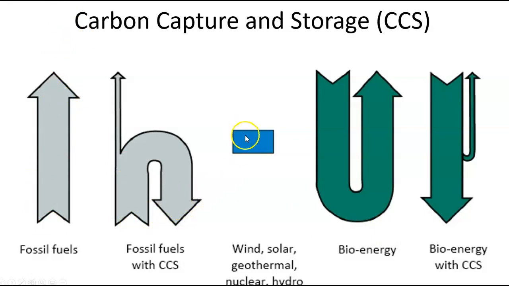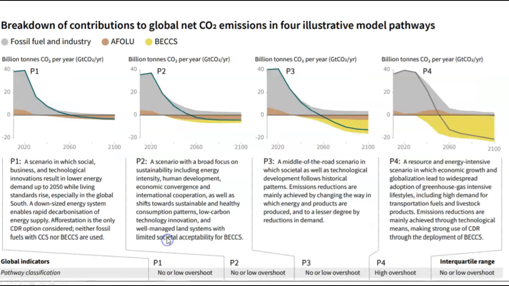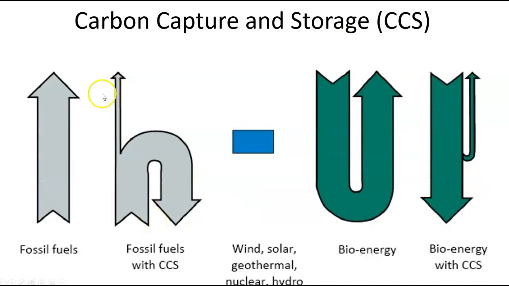With wind and so on, we have basically no greenhouse gas emissions, so it's just a dash. Bioenergy, the biofuels absorb carbon, and then we emit carbon when we burn them, but they can be balanced, so it can be net zero. With a fossil fuel with carbon capture and storage, basically we capture some of the carbon emissions going out and pump them back underneath the ground, so our emissions are reduced.